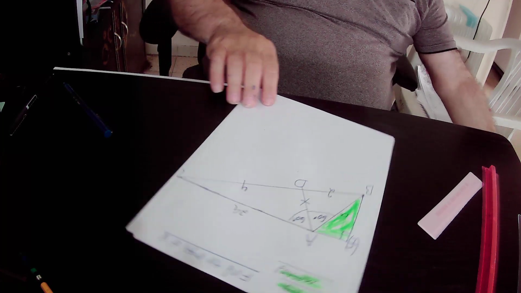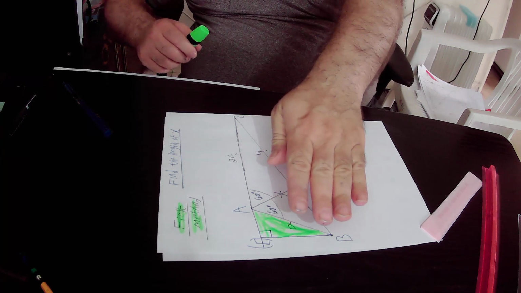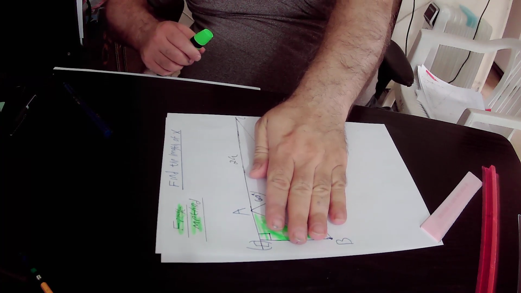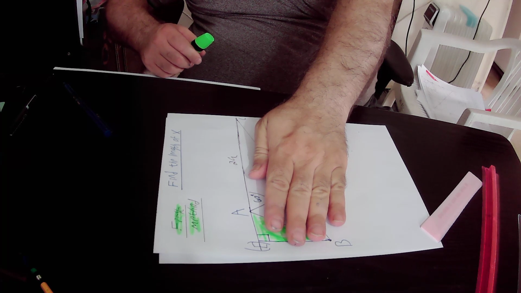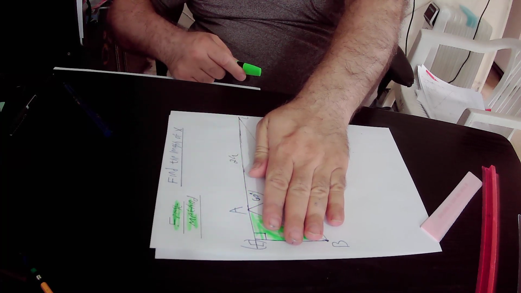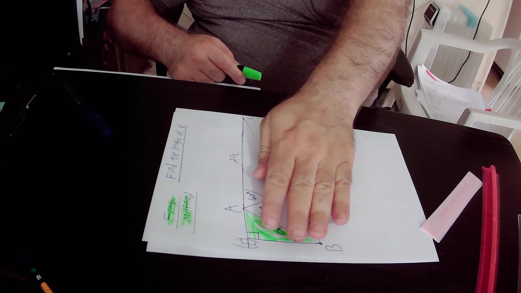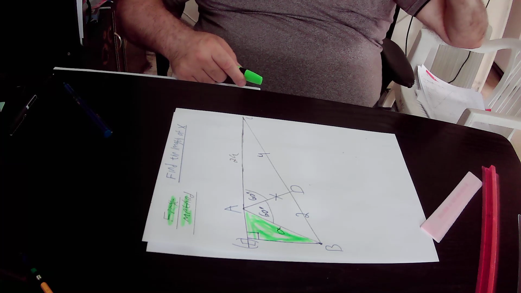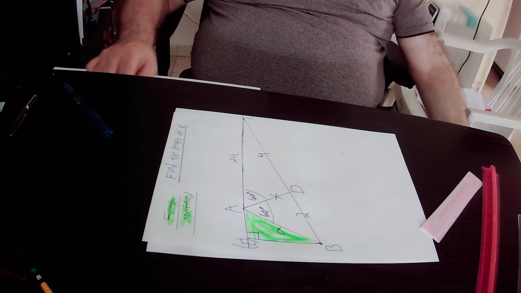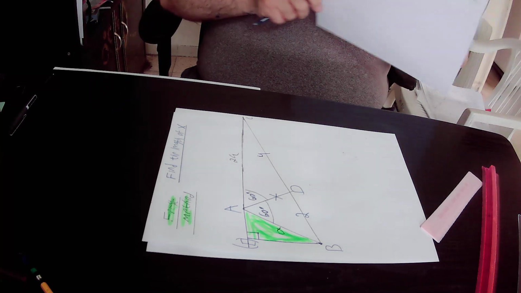So if we focus on this side of the straight line EC, at point A, the sum of the angles must be equal to 180 degrees. Okay, so which angles do we have at point A?